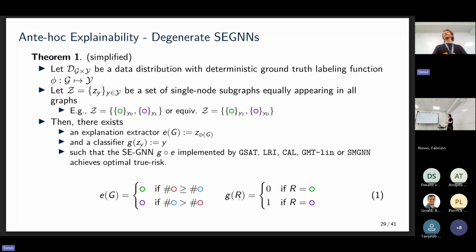And then the classifier has an easy game in learning to map the green to class 0 and the violet to class 1, because it's a simple bijective mapping at this point. So all the work is done inside the explanation extractor, but you will never know because the explanation is the output of this model. So at the end, you still have a black box, basically.